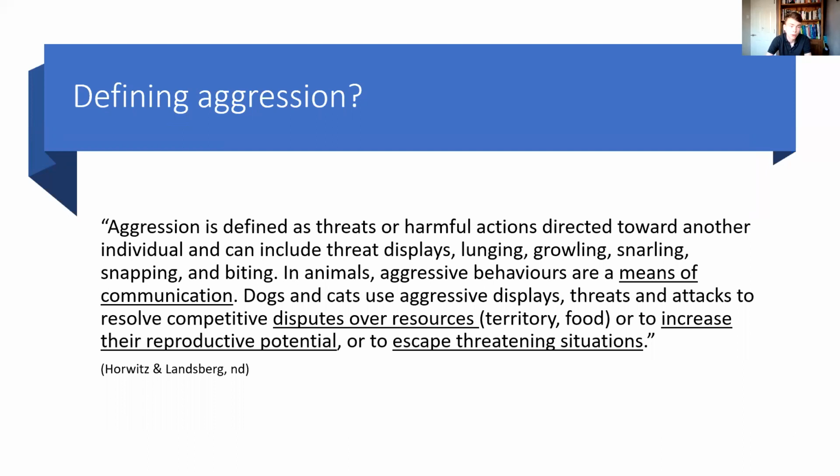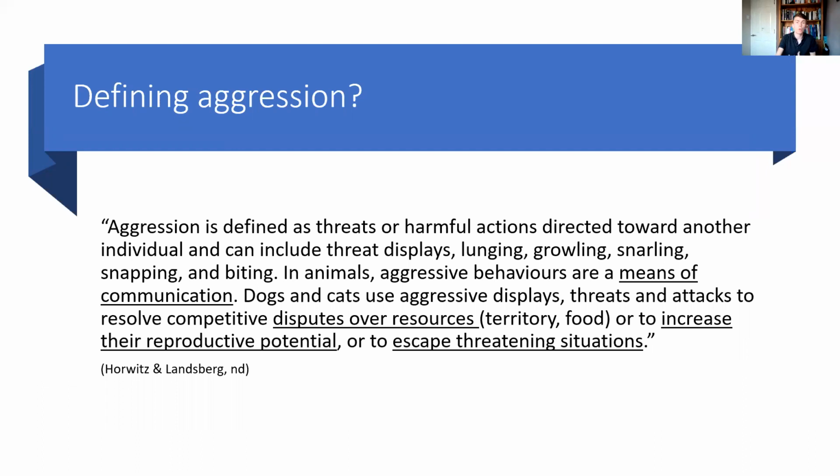Or to increase their reproductive potential, so that's potentially an aggressive altercation to decide who's going to mate with a particular other animal. Or also to escape threatening situations. Again, if an animal is feeling threatened, one of the biggest times that we see aggression occur is as a way to escape a threatening situation.